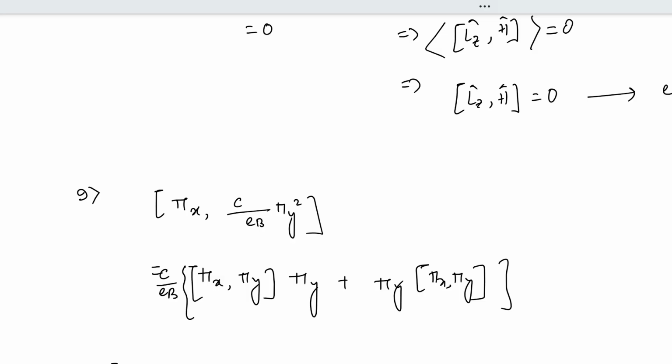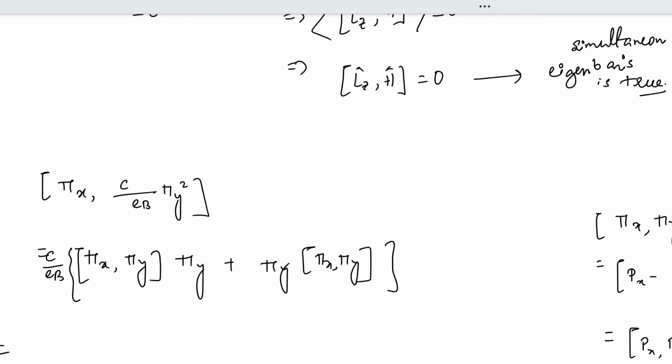So if you break it down, we will have px py canonical momentum, minus e by c px Ay, minus e by c Ax py, plus e squared by c squared Ax Ay.